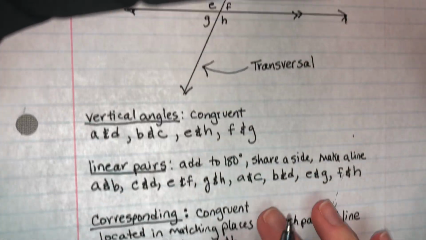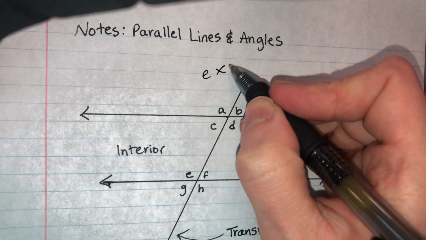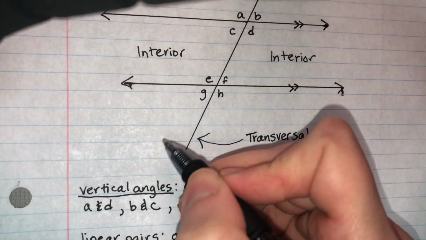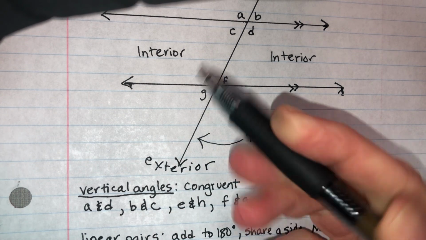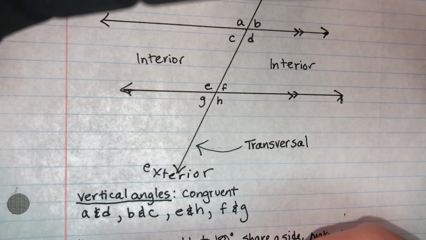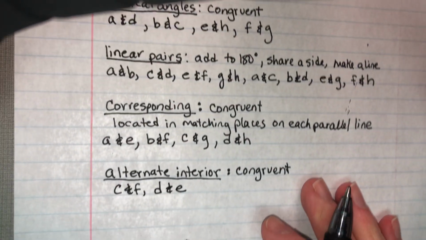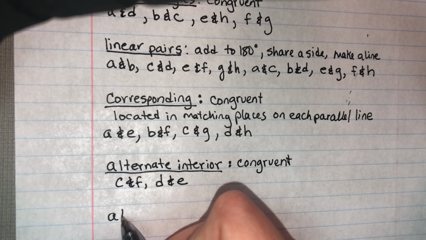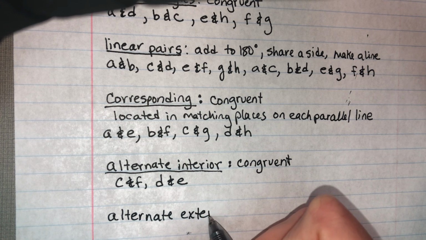All right, so we talked about what's the interior. Outside of the parallel lines is the exterior. So we've got exterior angles beyond the parallel lines, above the upper parallel line, below the lower parallel line, okay? So the next vocabulary word is alternate exterior.